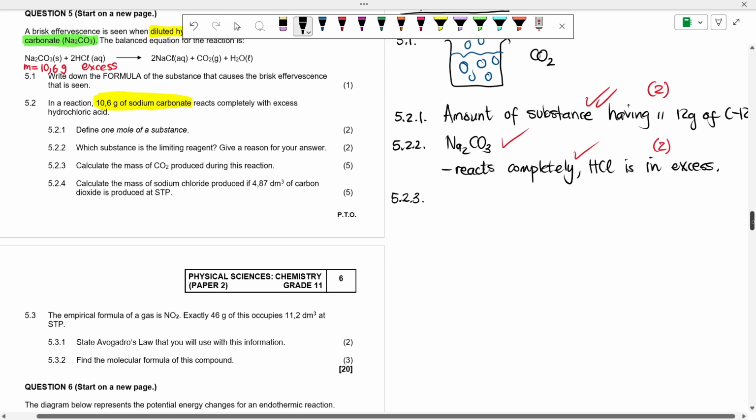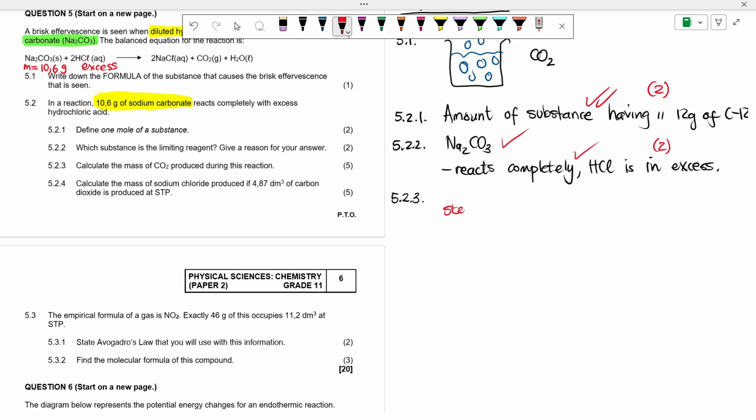Yeah, there's no way you can get it wrong, unless maybe you mess up the molar mass. Okay, let's get the process. What's the first thing we do? You can find the number of moles for the sodium carbonate. Yes, sodium carbonate moles, because we already have the mass.